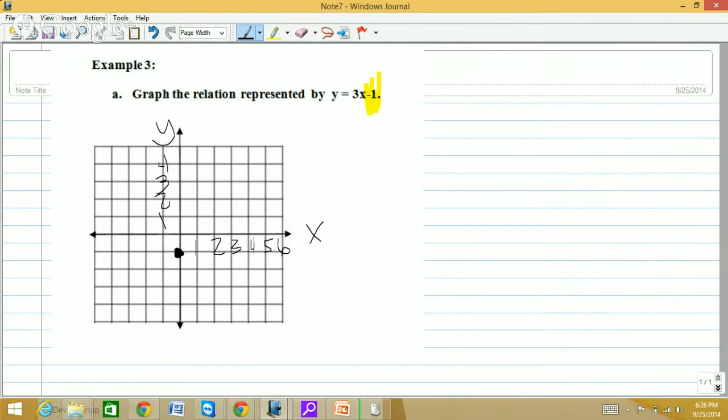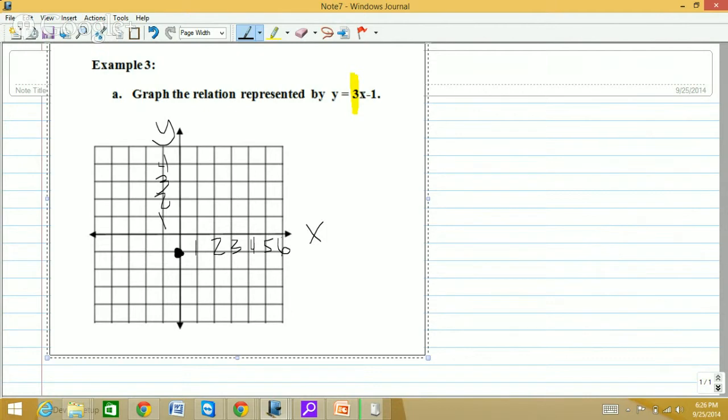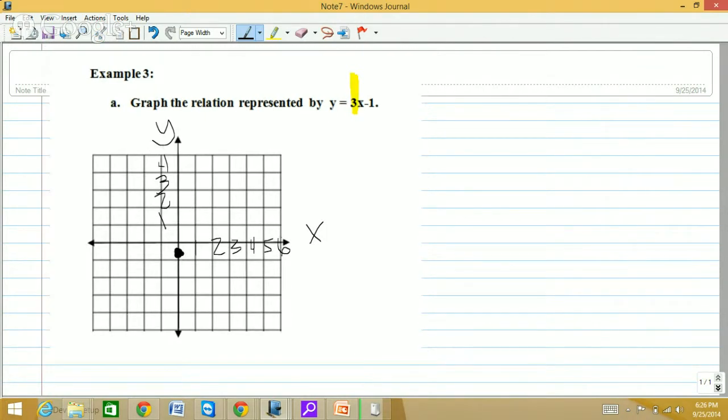My slope tells me that I should go up 3 over 1. So I'm going to go 1, 2, 3, and over 1, and I'm going to put a dot. And if I connect those, and again, I would connect this with a straight edge, but I'm drawing with my finger, that would be my line.